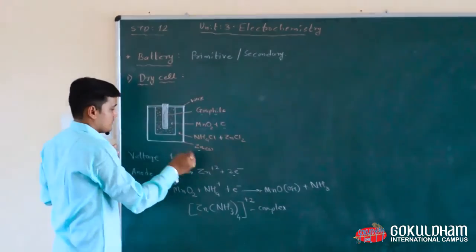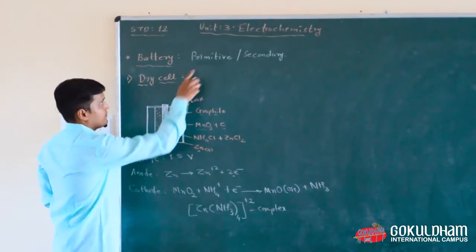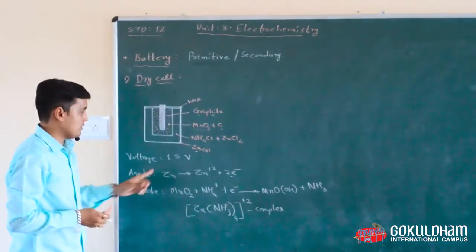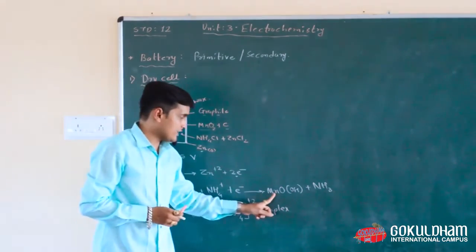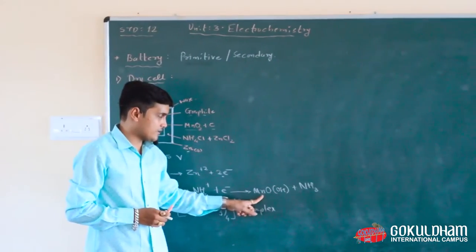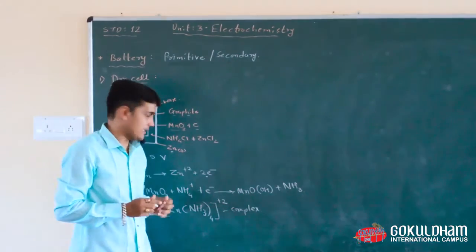Now this is a primary cell because the oxidation number of Mn is plus 4 on this side, and on this side the oxidation number of Mn is plus 3.